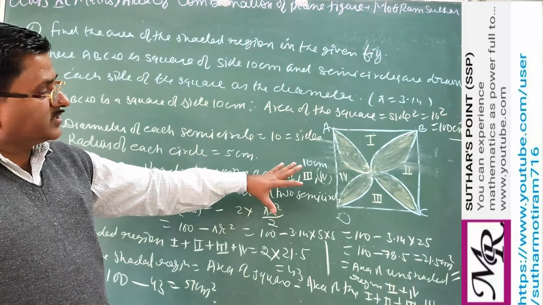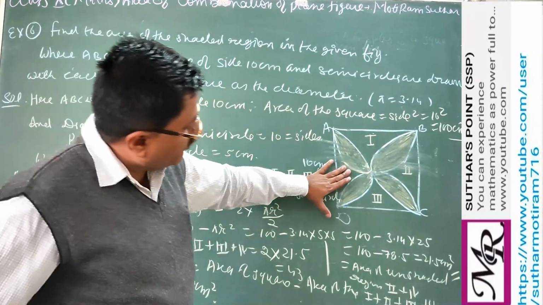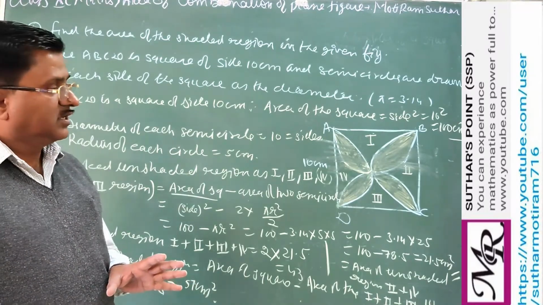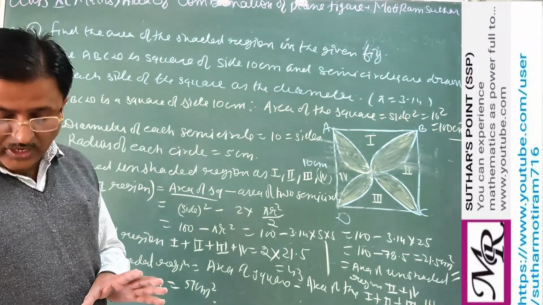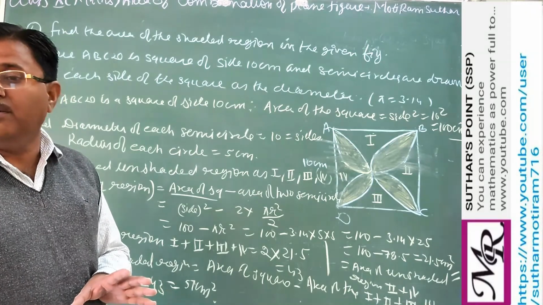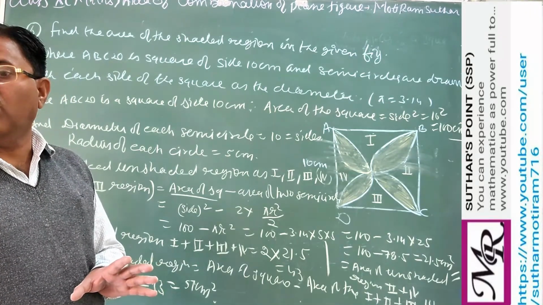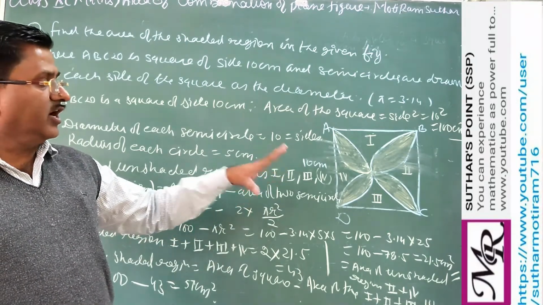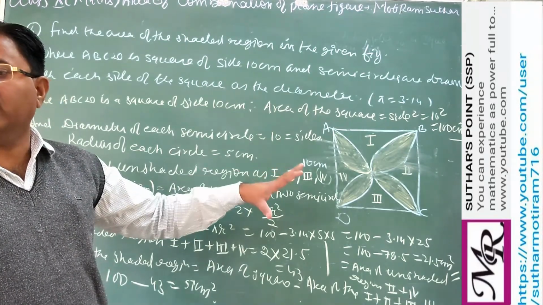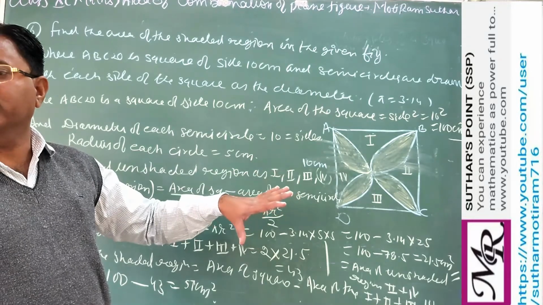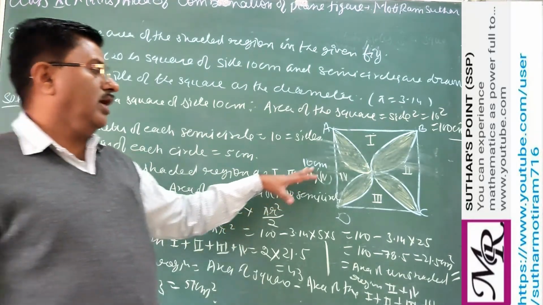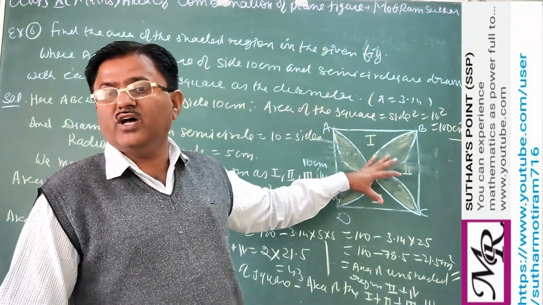Whenever you go for a problem of this topic, always draw the figure very clearly and mark the shaded or unshaded portion. Secondly, you have to find the dimensions of the given figure.